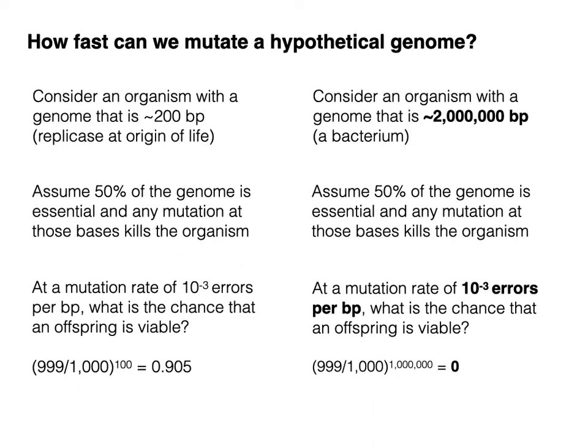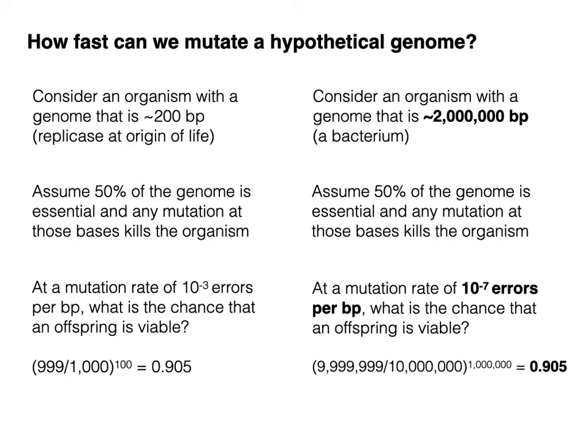But now let's consider a different organism with a much larger genome. For instance, a bacterium that has 1 million essential bases. If the error rate was still 10 to the minus 3, then the chance of an offspring being viable is now 999 out of 1,000 to the millionth power, which turns out to be, of course, 0.